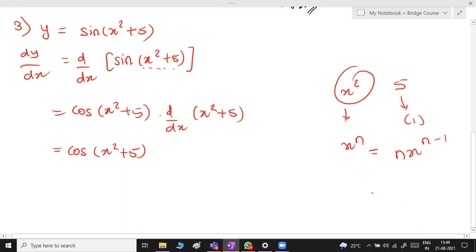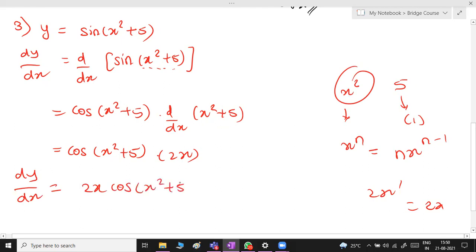So basically here it's going to be 2x raised to 1, which is equal to 2x. ठीक है. So ये आ जाएगा into 2x. So you can write dy by dx is equal to 2x cos x square plus y.